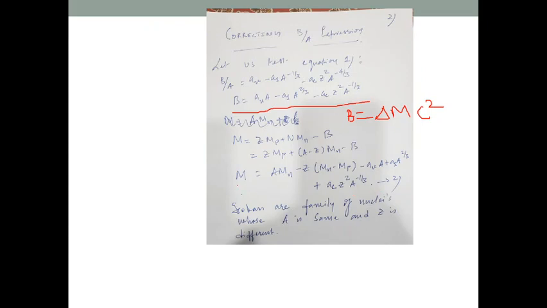And this is the mass expression. Now let us test this for an isobar family. Isobars are those sets of nuclei, a family for which A is constant, all members have the same A, but their Z is different.